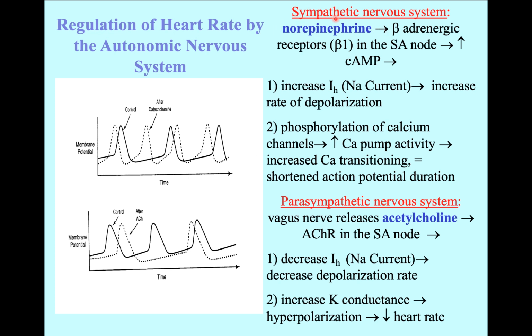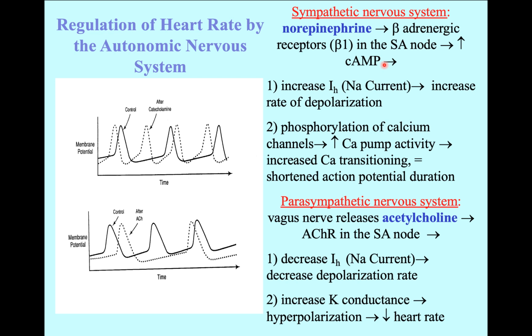Norepinephrine is going to bind to beta receptors. You also learned this in, I think, the last week that we had together. Norepinephrine binds to beta-1 receptors that are found in the SA node. When the norepinephrine binds to the receptor in the SA node, it causes an increase in cAMP. cAMP, remember, is the internal second messenger of cells.